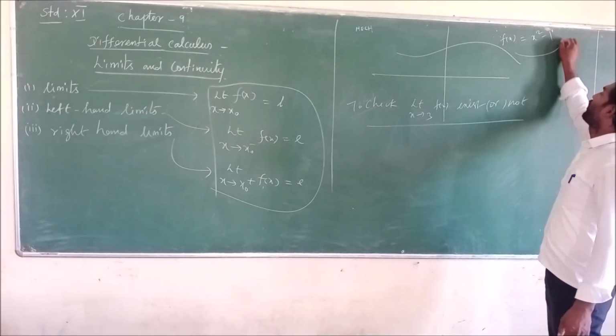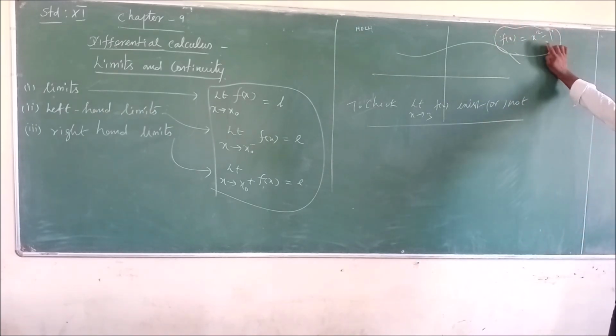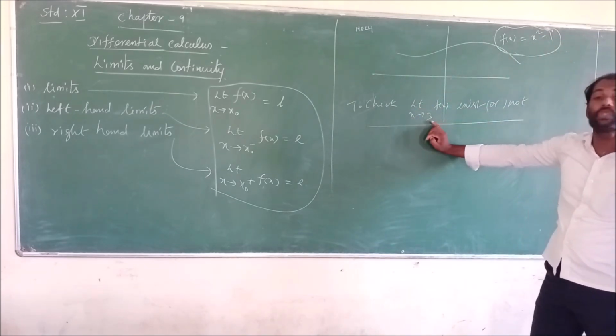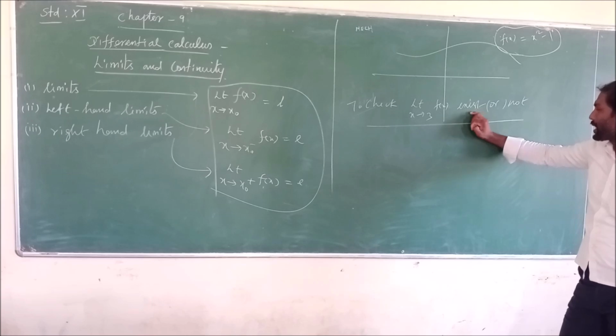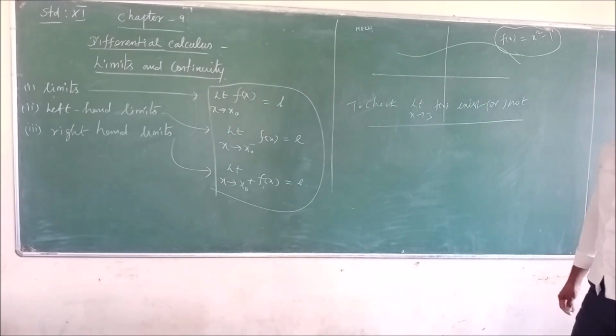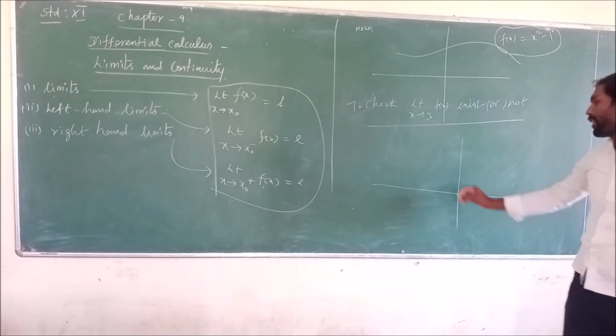f of x is a given function. It is clear that f of x is a function, x square minus 1. To check whether the limit as x tends to 3 of f of x exists or not, how do we check it? First we draw the rough graph.